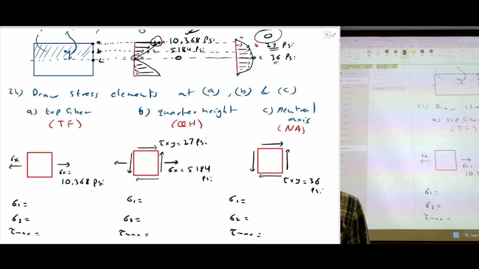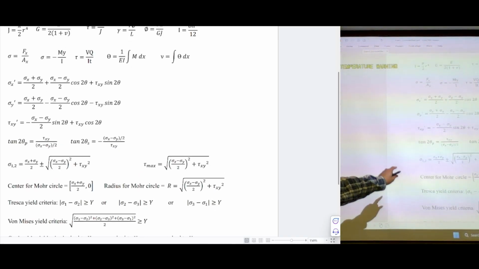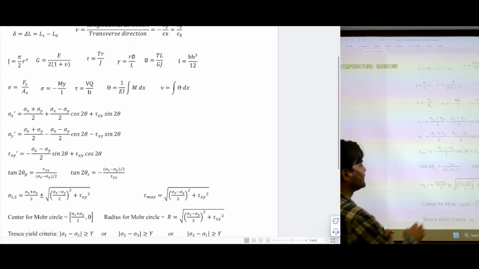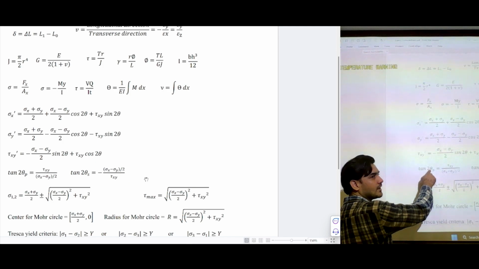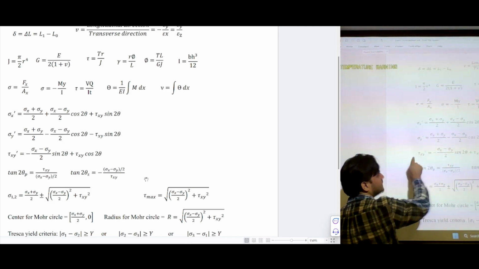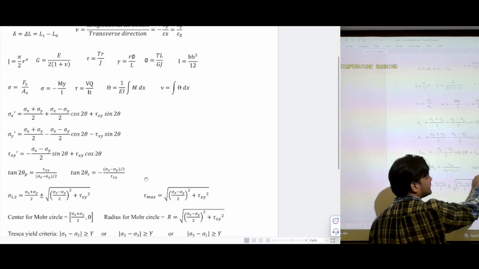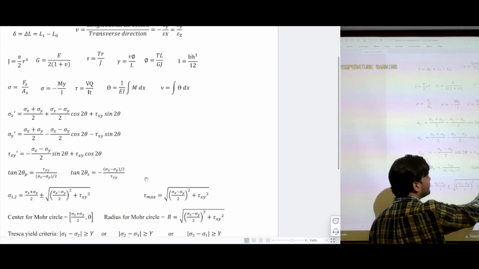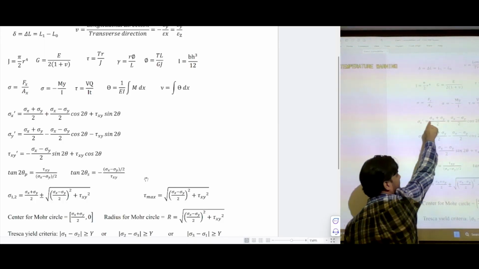There are two ways to do this. One method is first calculate theta p, which is going to give you the angle where you'll get the maximum normal stresses, and use the transformation equations. Then you calculate theta s, that will give you an angle where you'll get the maximum shear stresses, and use the transformation equation.